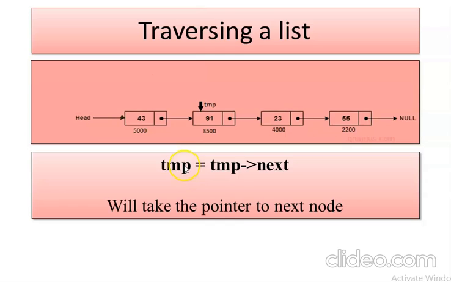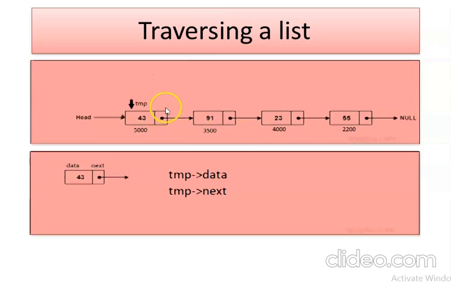Now, if TMP is the name of this node, the names of the members or fields are TMP arrow data and TMP arrow next. What is the value of this?